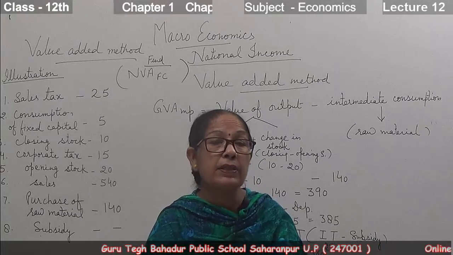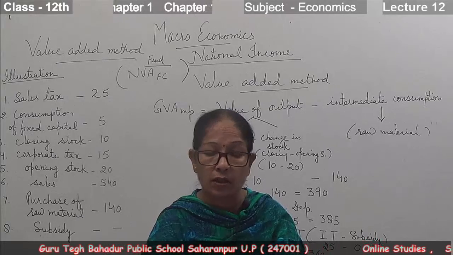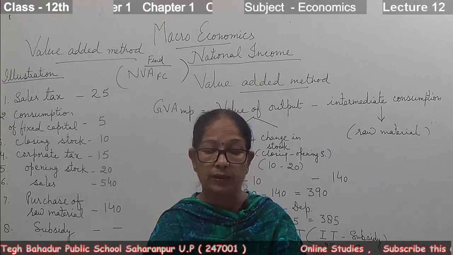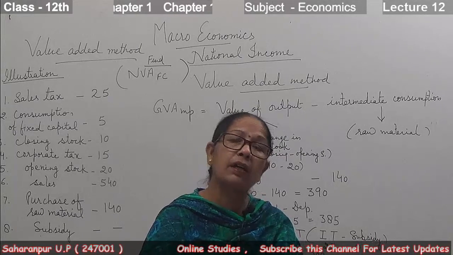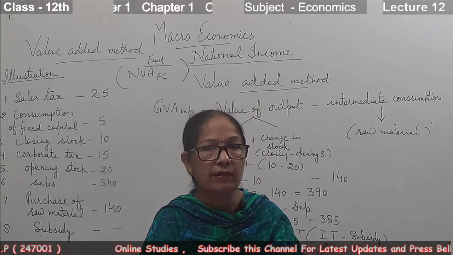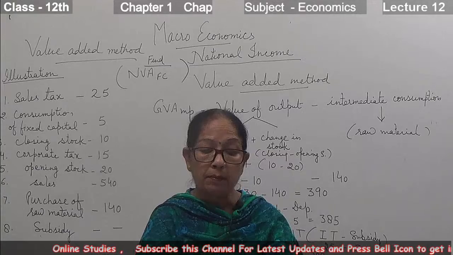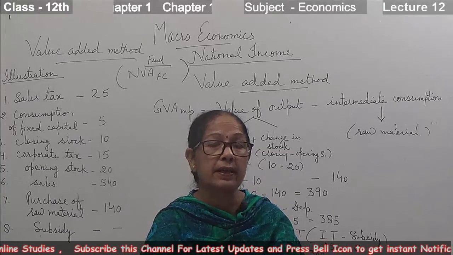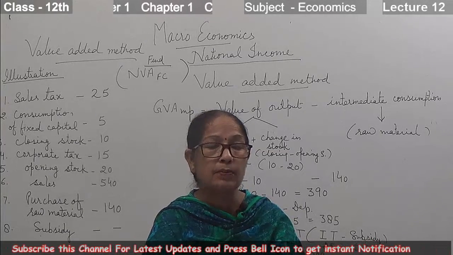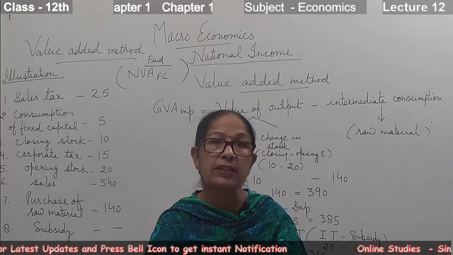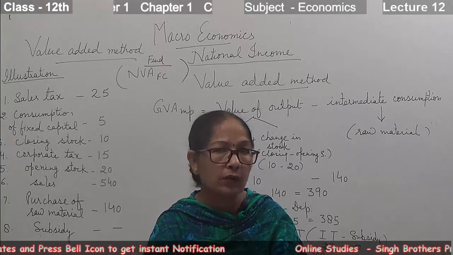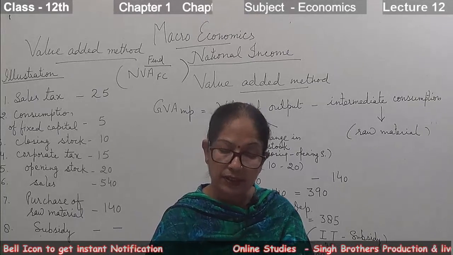Again, sale and purchase of second hand goods are not to be taken. These are excluded because second hand goods are already counted in that year in which year they were produced. But the commission on sale and purchase of second hand goods, that is a fresh service, and that commission is included in the measurement of national income.